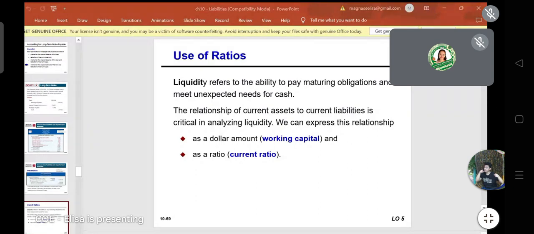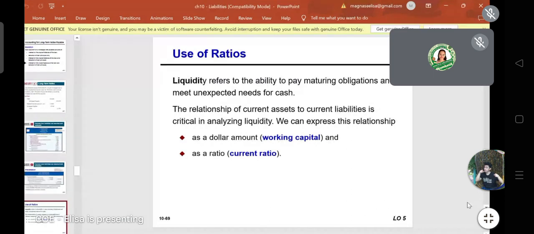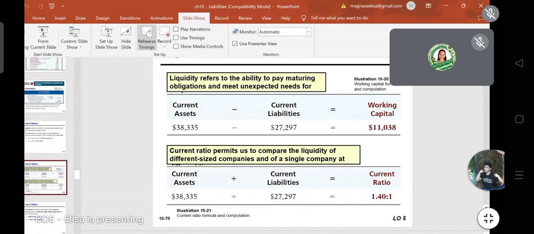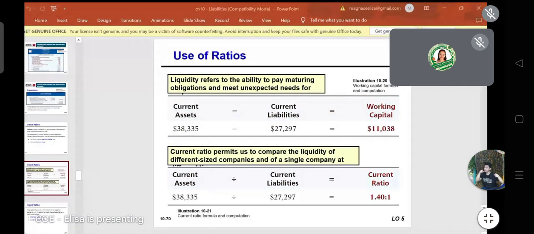The working capital, we can express this relationship as a dollar amount, the working capital, and as a ratio, or a current ratio. So to compute working capital, you have your current assets less current liabilities that will give you working capital.